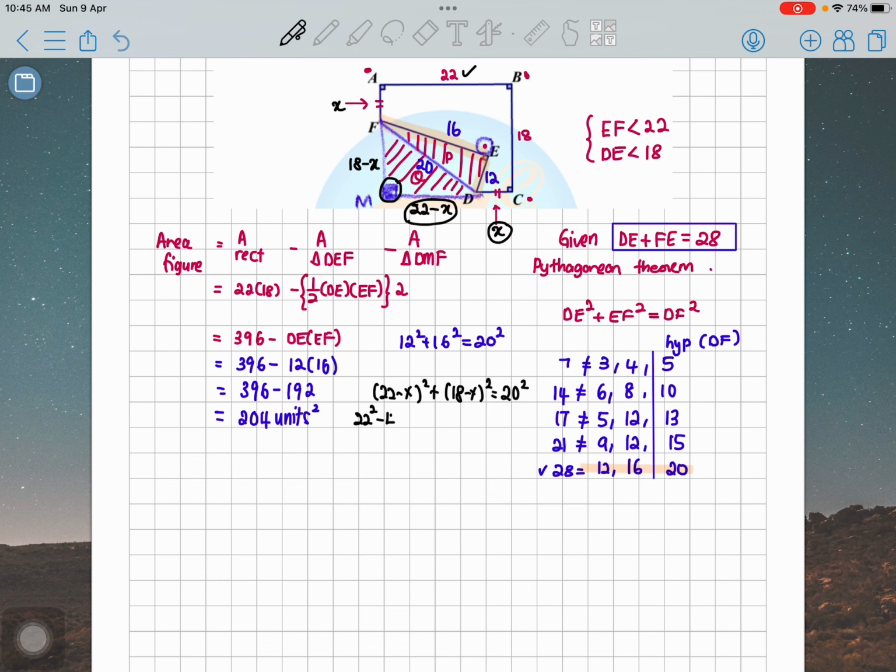22 squared minus 44x plus x squared, plus 18 squared minus 36x plus x squared equal to 20 squared. 2x squared minus 80x, and into the calculator, it is giving us 408. Divide everything by 2.